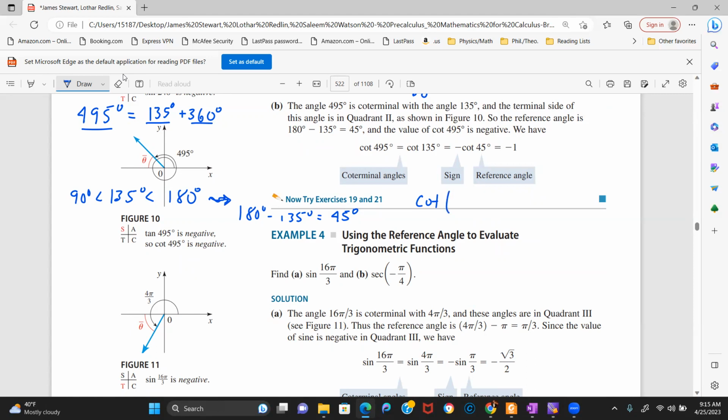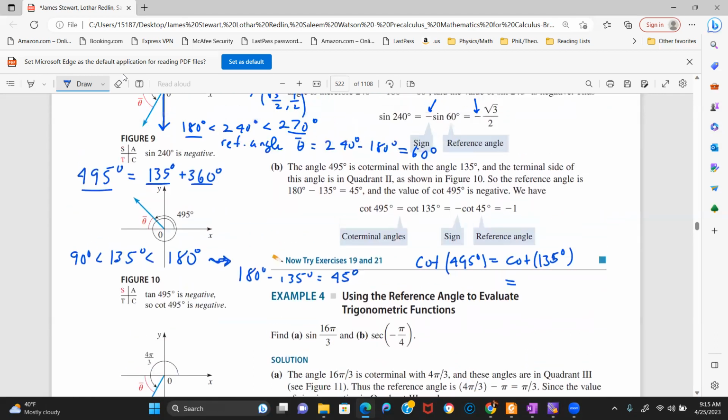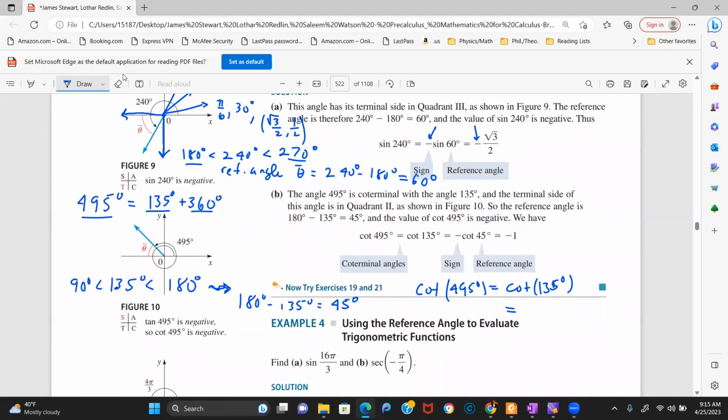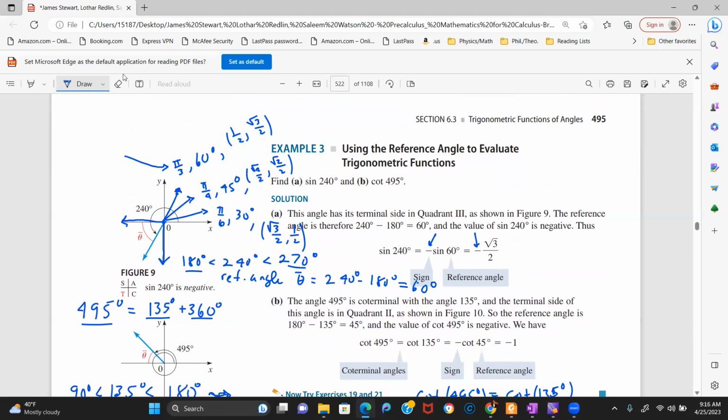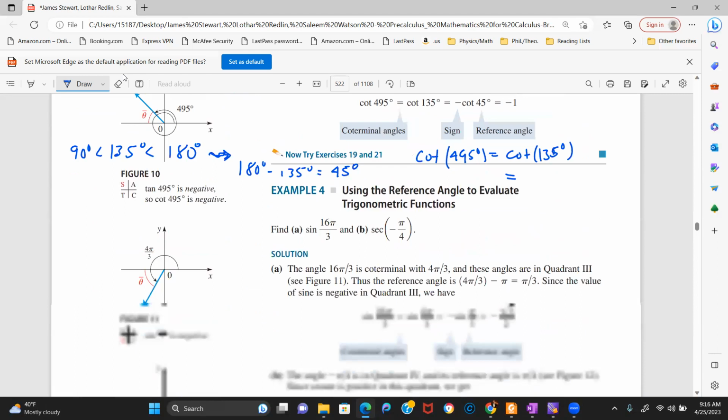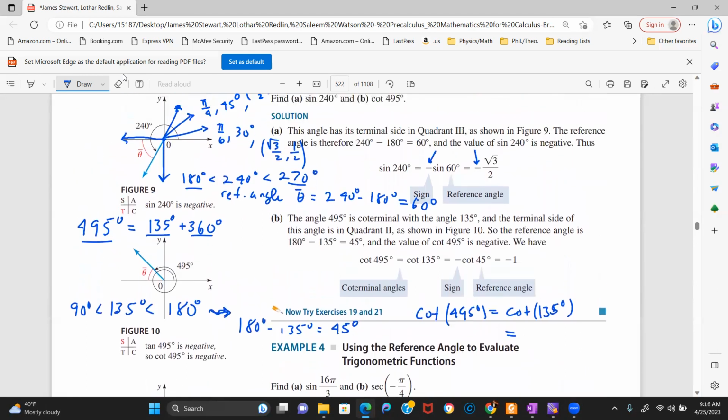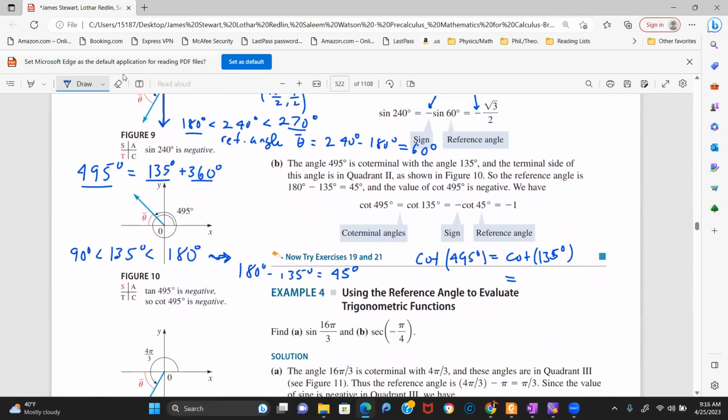So cotangent of a 495-degree angle is the same thing as cotangent of 135 because these are coterminal, and that is your x coordinate over your y coordinate. Let's write those coordinates in. For a 45-degree angle, it's going to be root 2 over 2 divided by root 2 over 2.